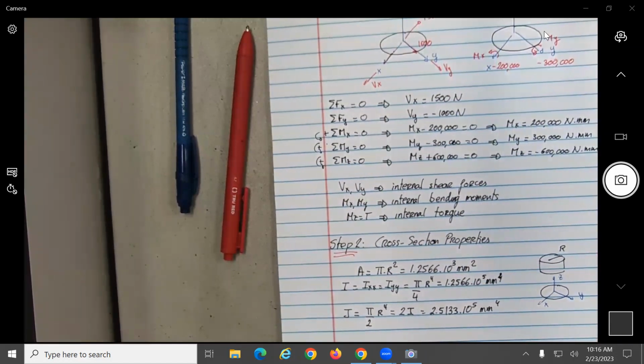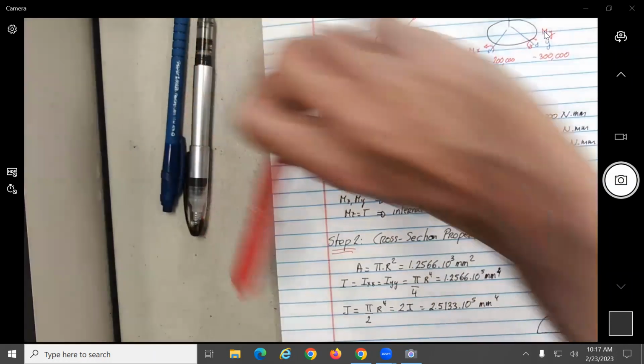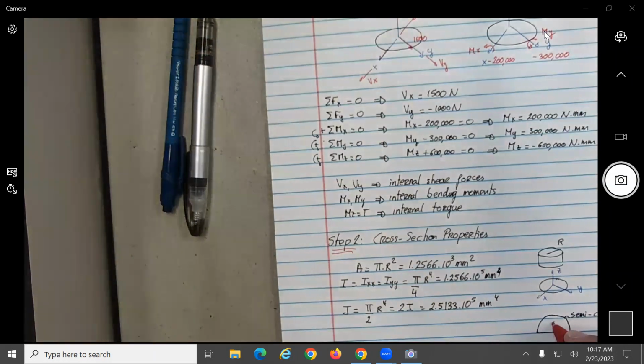I think we needed one more thing for this one, that I decided to do with you in class. I just got this stuff yesterday evening in the assignment. If we look at the semicircle, what will be the location of the CG of the semicircle over here?